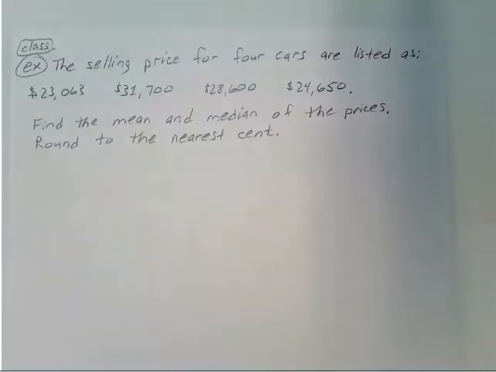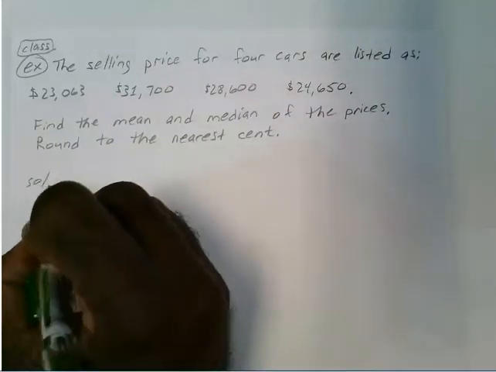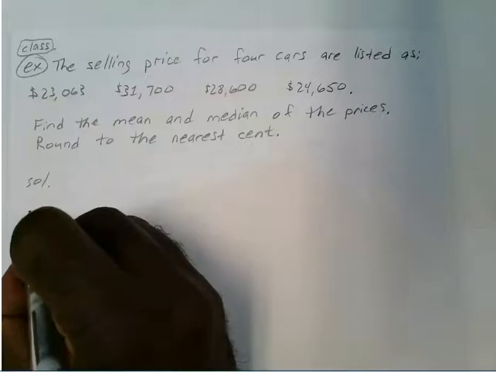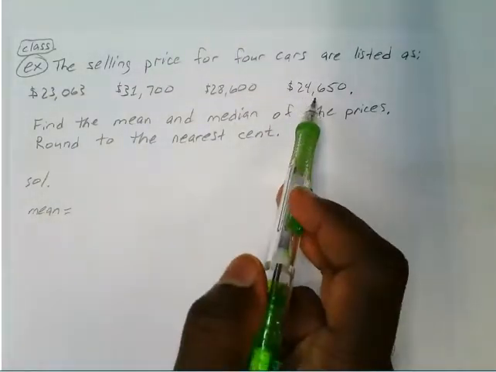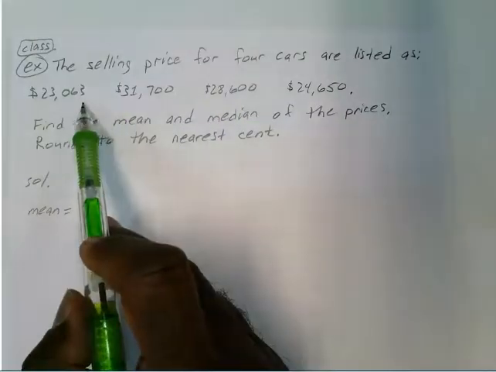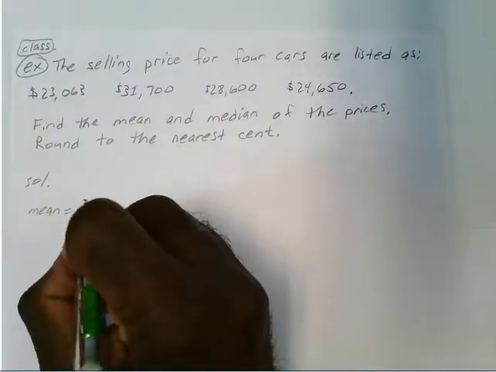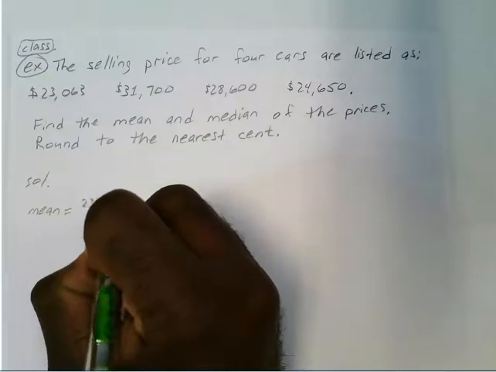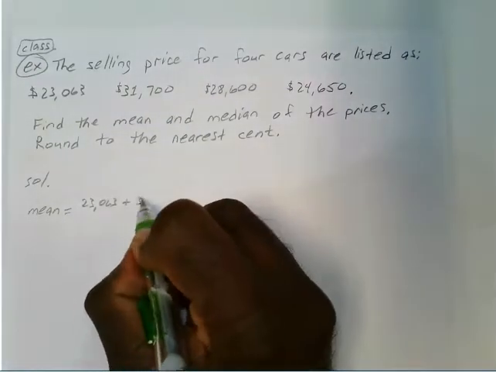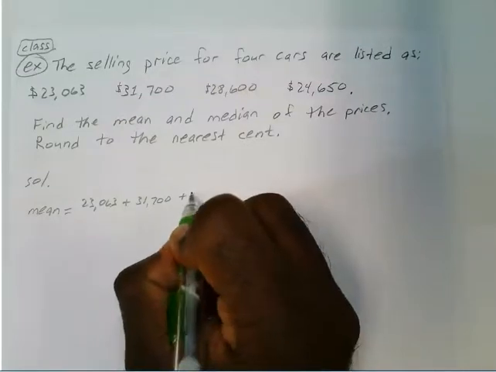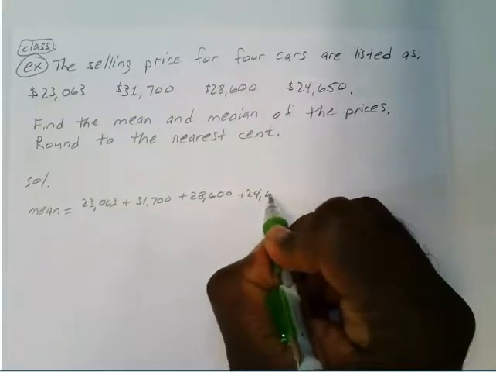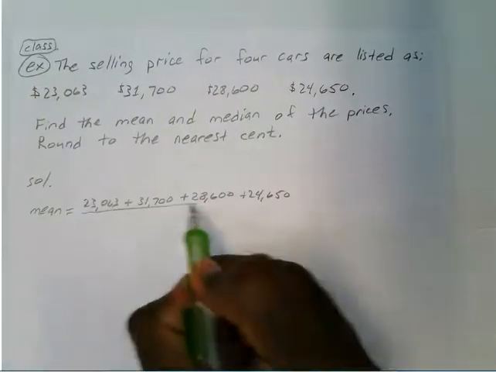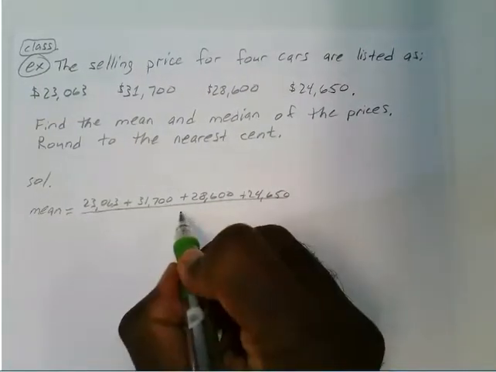I'm assuming you've pressed pause and worked it out, so let's verify. Remember, for your mean, you just add them all together and divide by the number of terms. You have 4 terms here. So you have 23,063 plus 31,700 plus 28,600 plus 24,650, divided by the number of terms, which is 4.